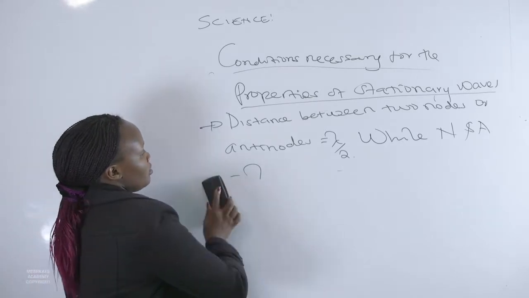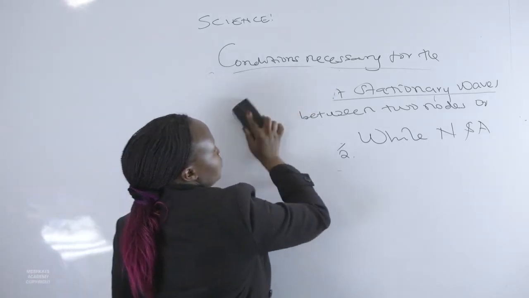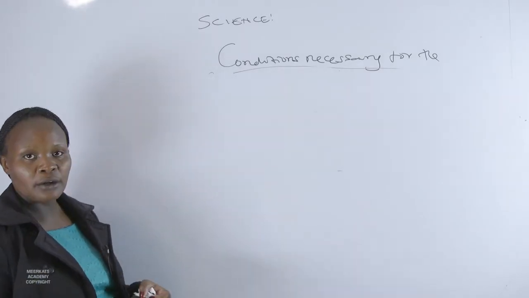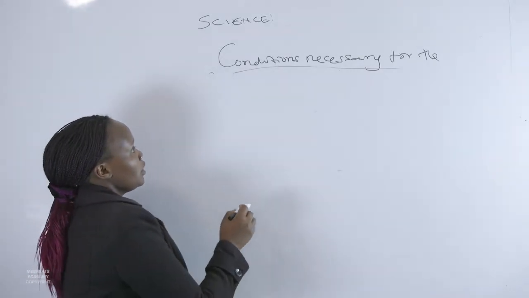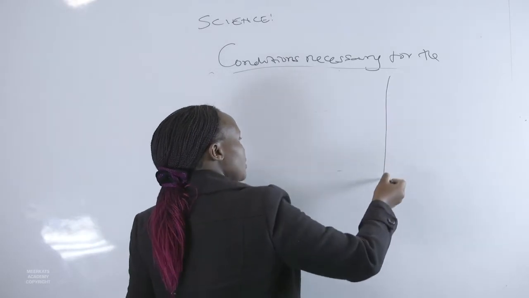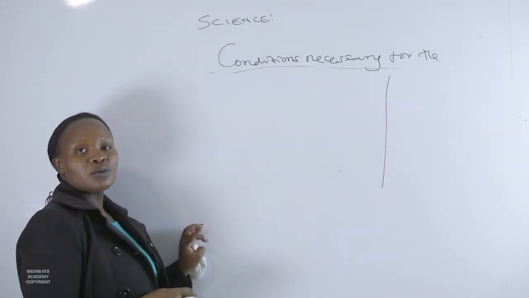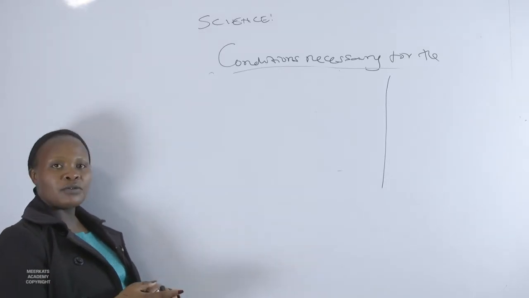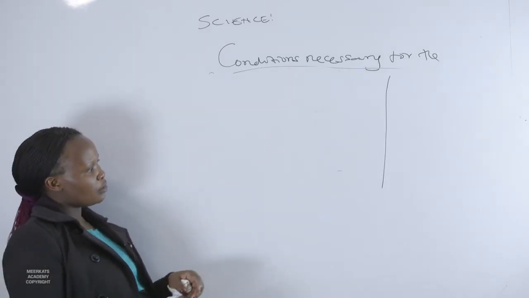Now, a good example of a formation of a stationary wave is when you fix one end of a musical instrument.